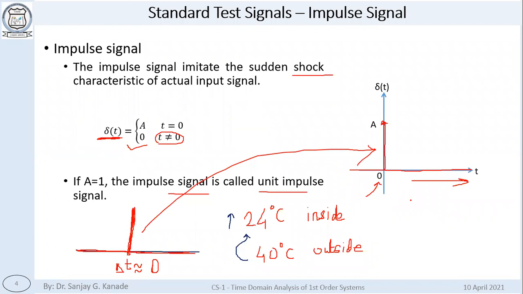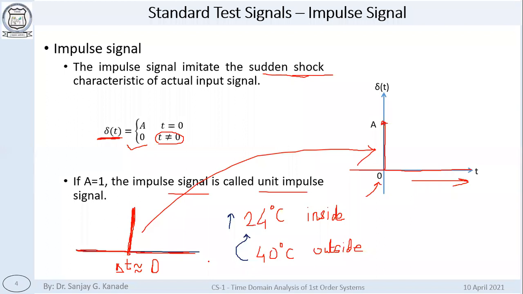It is the impulse signal. It was just a sudden shock given into the system. So this is how an impulse signal is going to come in a system.